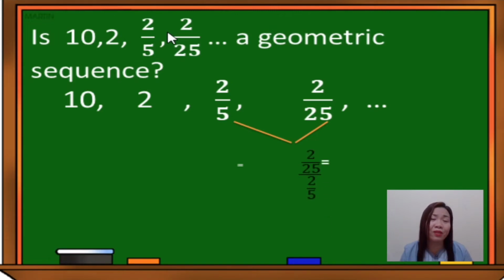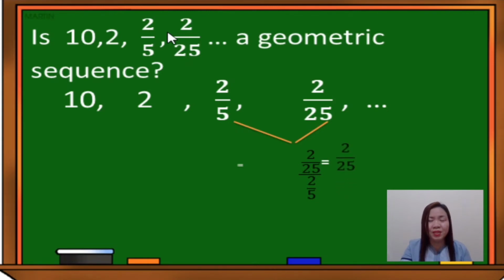What kind of fraction is this? This is called a complex fraction. If the numerator and denominator are composed of fractions, the given is a complex fraction.